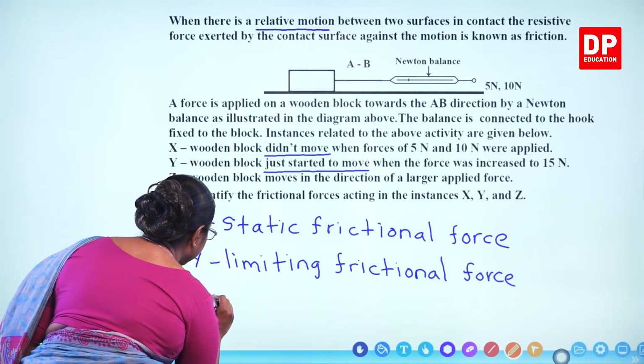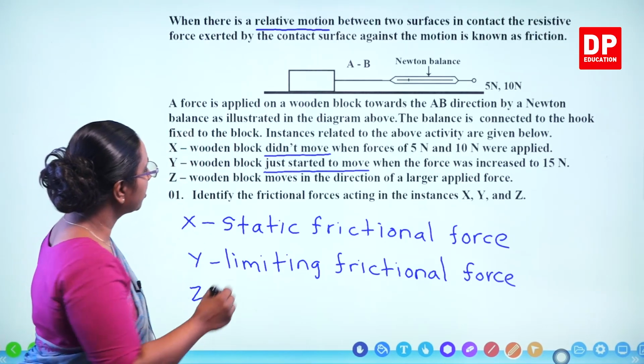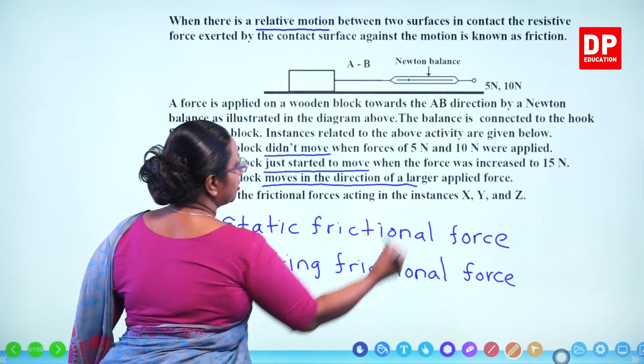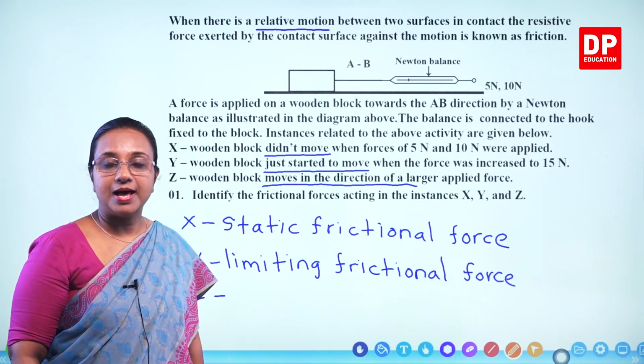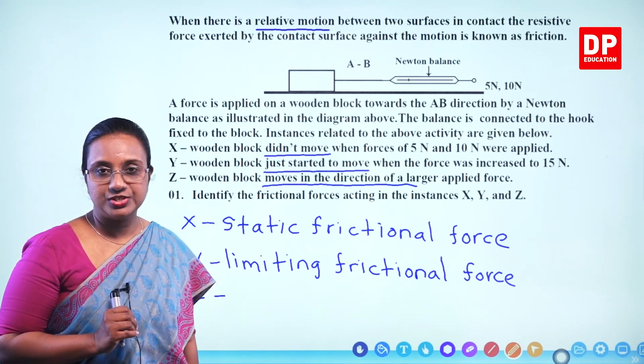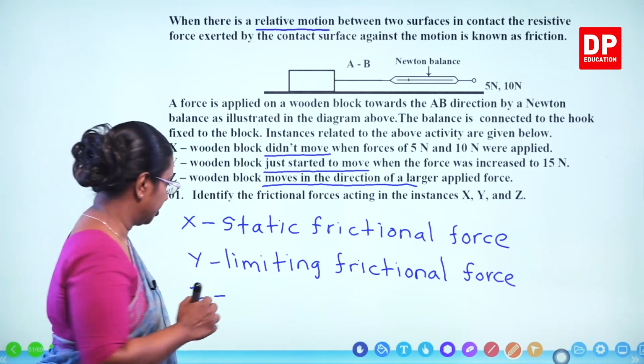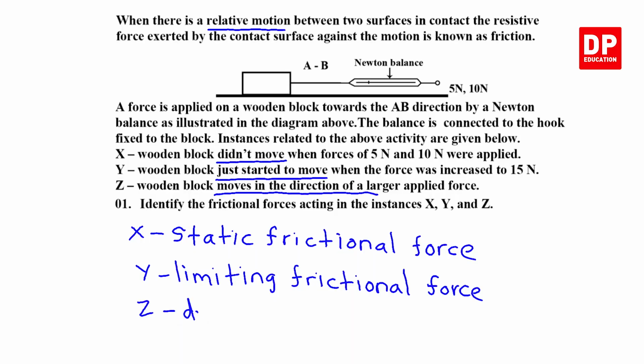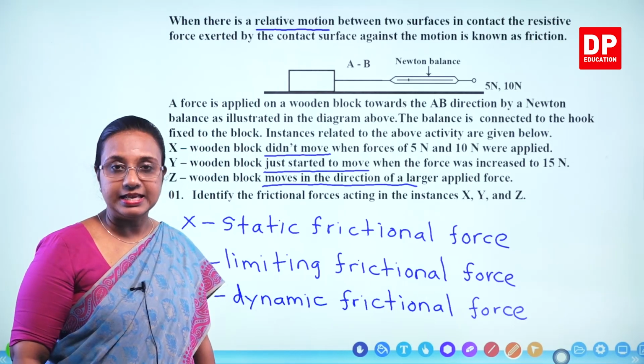And finally, Z wooden block moves in the direction of a larger applied force. So when the object is moving, the frictional force is dynamic friction. So here we can write it as dynamic frictional force. So those are the three instances.